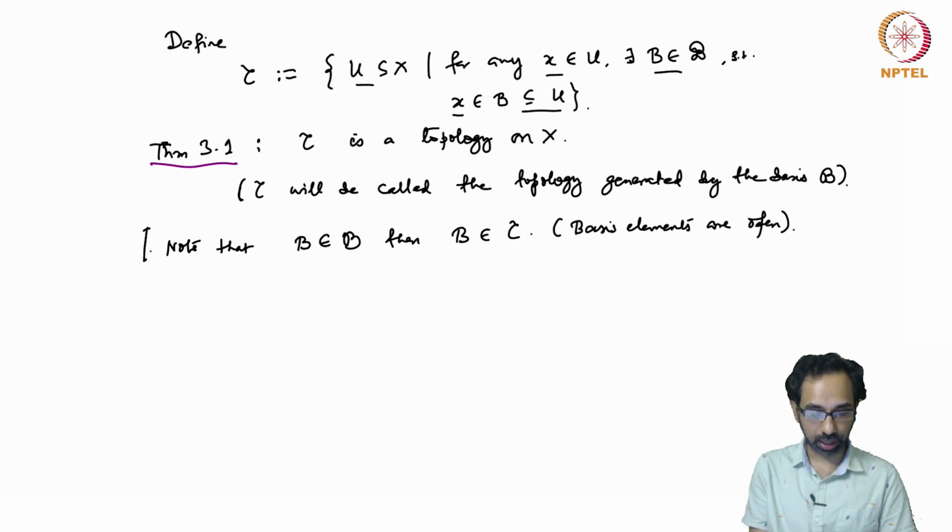So this is just a side note which will come in handy later on. And so let us see a proof of this theorem that tau is indeed a topology on X.